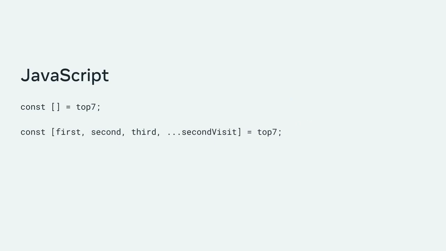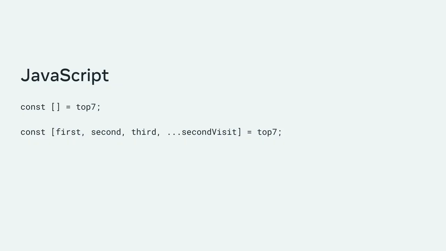Then, I create 3 variables, first, second, and third, plus another variable to hold the rest of the list, named secondVisit. To do this, I type const first, second, third, and then 3 dots and a new variable, secondVisit, within square brackets, then equals top7 semicolon.